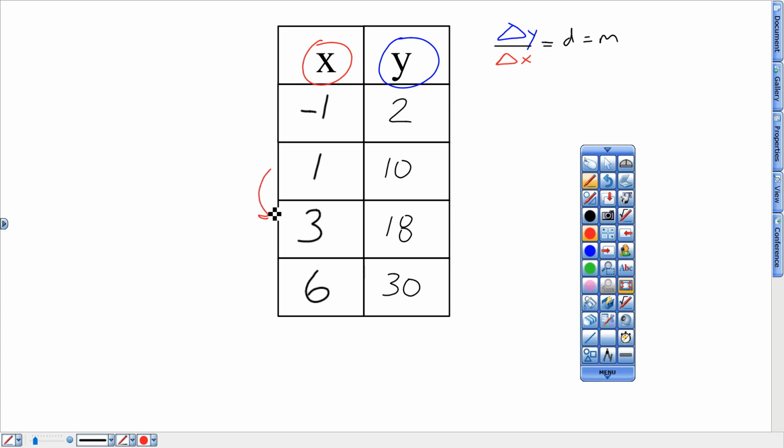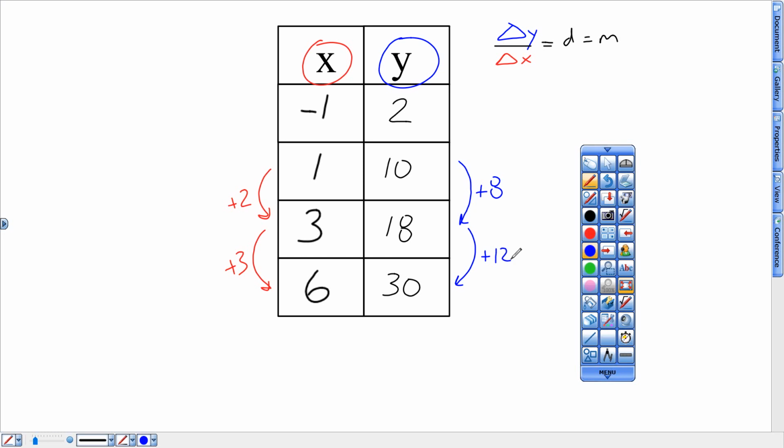So again, looking at my x values here, focusing on the positive ones, as I go down my column, this is going up by 2. As I go up my y column, going up by 8. If I look at the next set from 3 to 6, going up by 3. If I look at 18 to 30, looks like it's going up by 12.